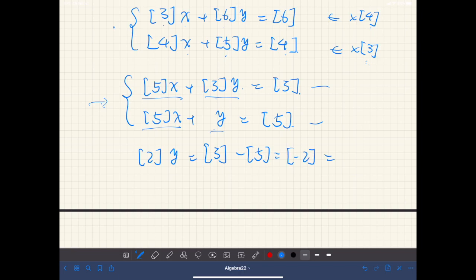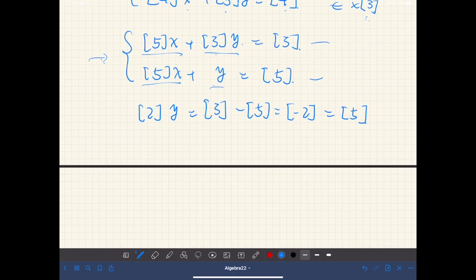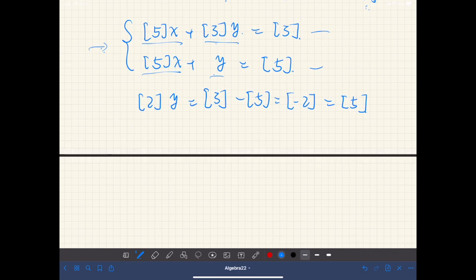In modulo 7, it is equal to 5. Okay. So far, we have used only ring theoretic properties, and we did not use any properties of a field.